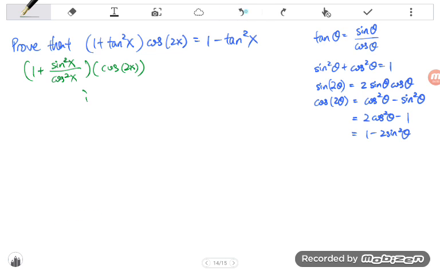So let's see what else we can do after here. I'm going to distribute it now, and let's just see what happens. So I'm going to have cos 2x plus sine squared x over cosine squared x times cos 2x.